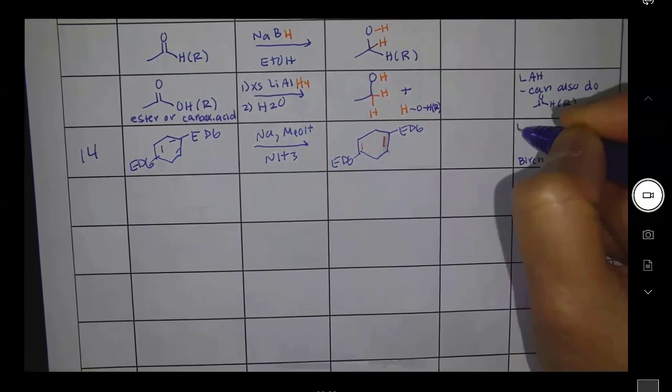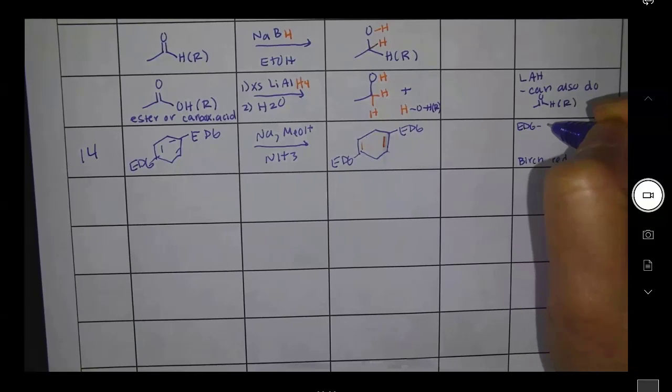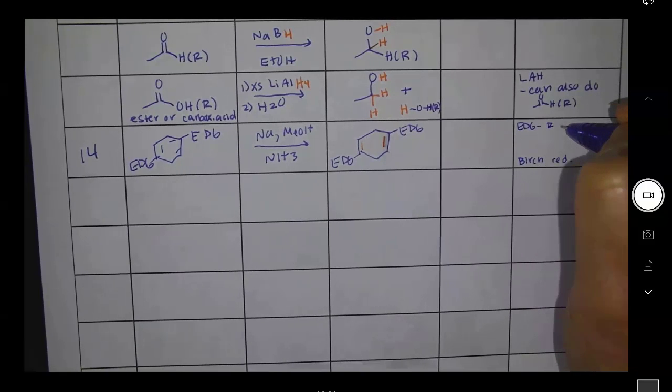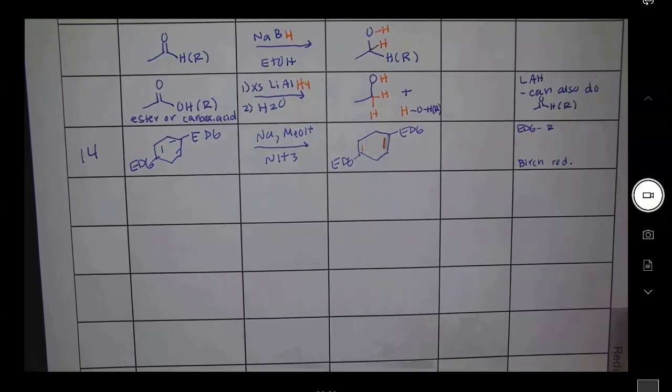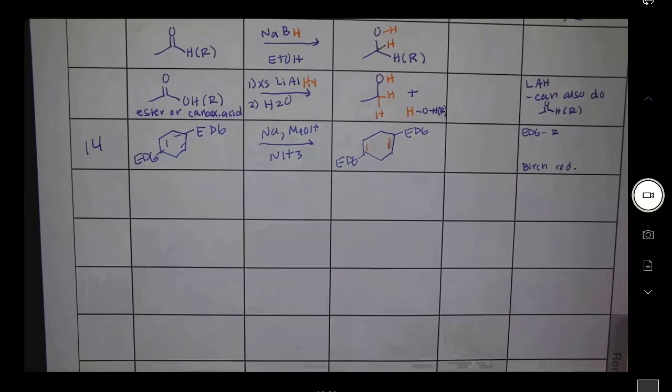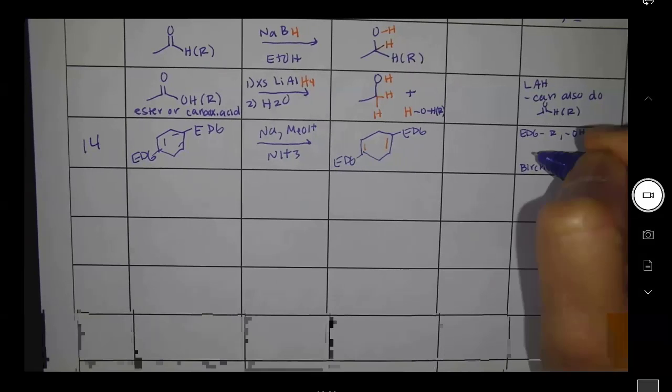So your electron donating groups can be R, which is going to be any carbon group where it's methyl, ethyl, isopropyl, something like that. You can have an OH there, an OR, NH2, or an NRH.